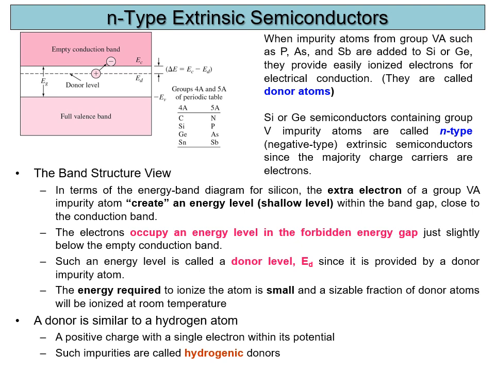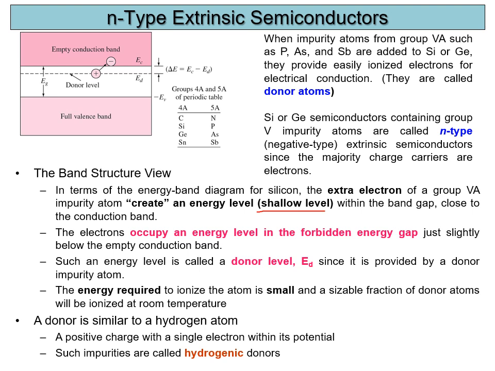The band structure view. In terms of the energy band diagram for silicon, the extra electron of a group 5A impurity atom creates a shallow energy level within the band gap close to the conduction band. The electrons occupy an energy level in the forbidden energy gap just slightly below the empty conduction band.